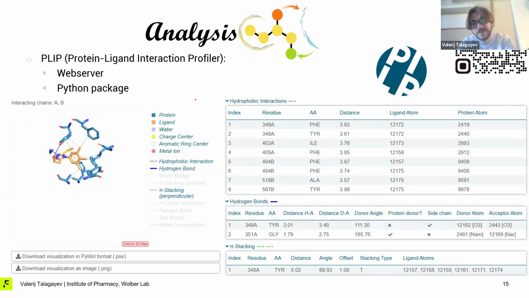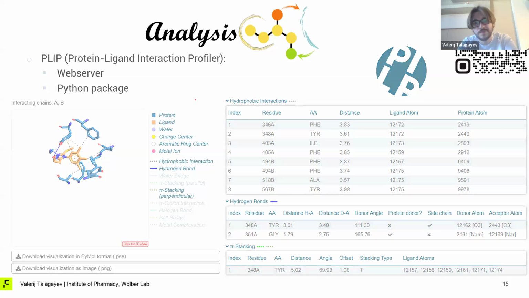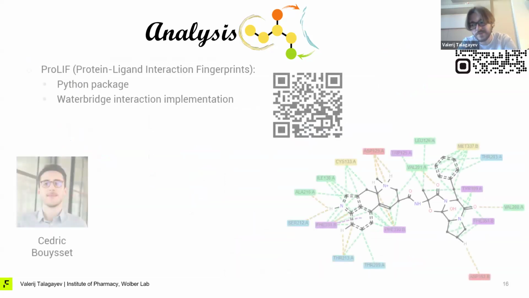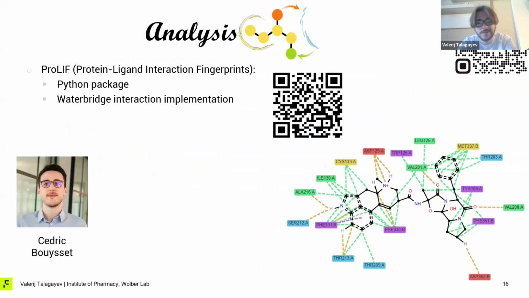Basically, you see which residue interacts with which atom of the ligand, what the distance is, and what the interaction is. This is the first option that we currently use. The second option that we want to implement in the next release is the usage of ProLIF, another tool, called protein ligand interaction fingerprints.